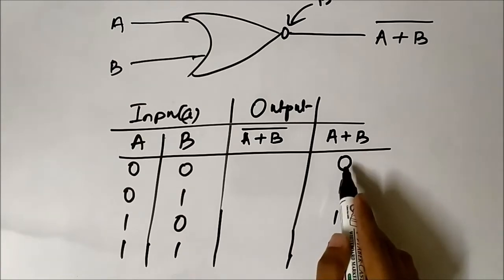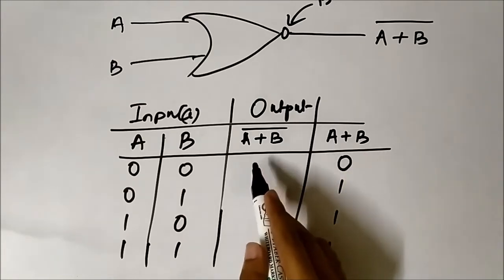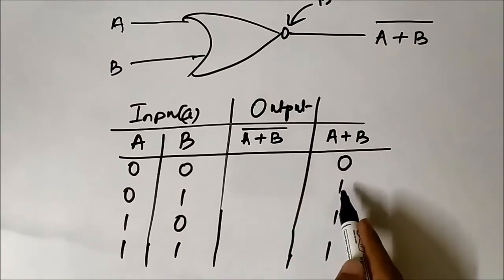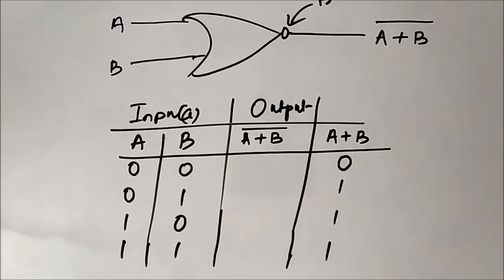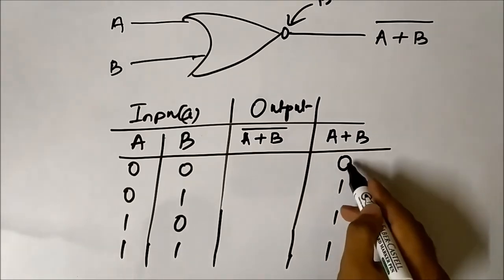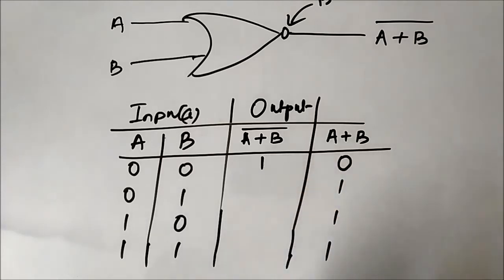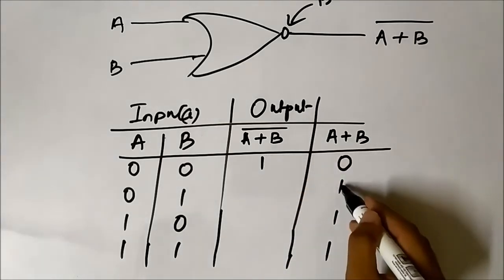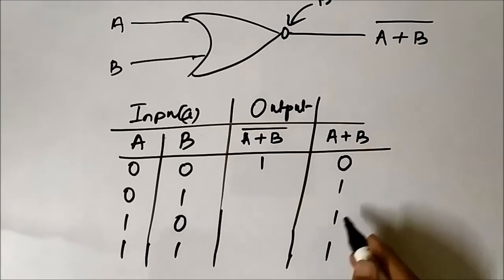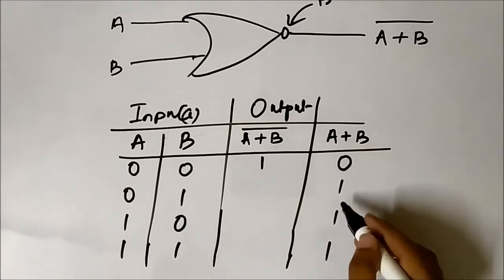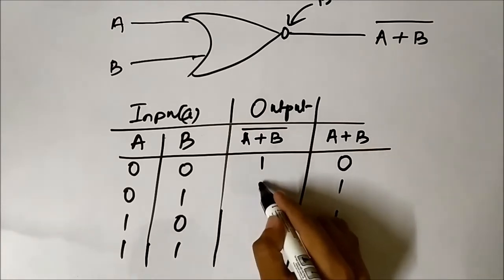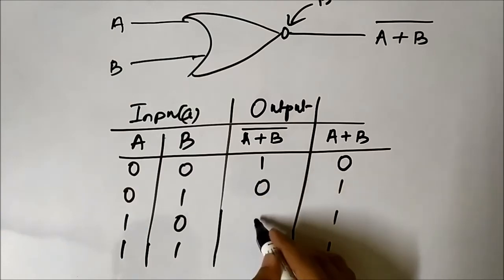If the OR gate output is 0, the NOR gate output will be 1, and if the OR gate output is 1, the NOR gate output will be 0, because it is the complement of the OR gate output. So here the OR gate output is 0, so the output will be 1 for the NOR gate, and in all the other three cases where the OR gate output is 1 or high, the NOR gate output will be low or 0.